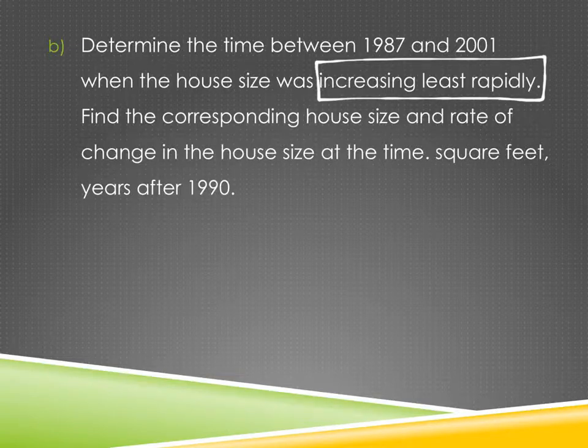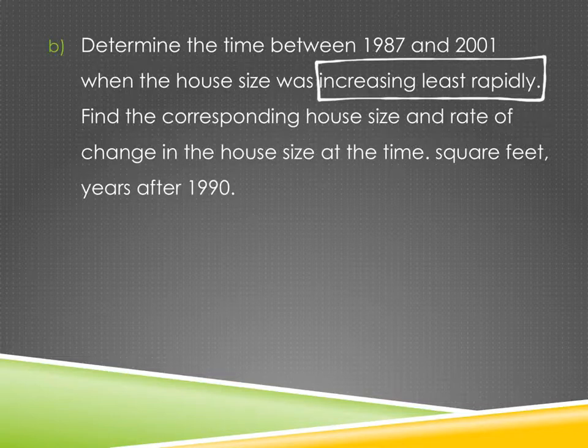And this one is one of those keyword phrases. Increasing least rapidly, increasing most rapidly, decreasing least rapidly, and decreasing most rapidly: those 4 phrases all mean inflection point. So anytime you see this phrase, it's asking you to find an inflection point.